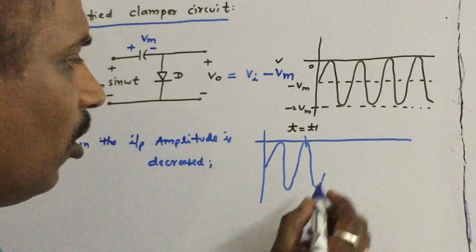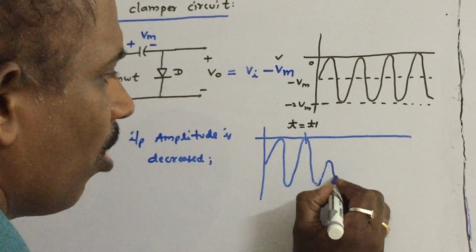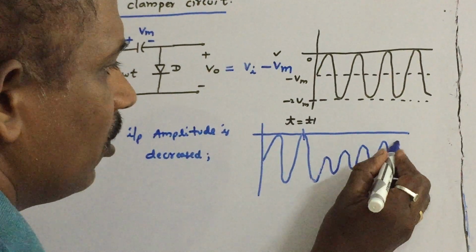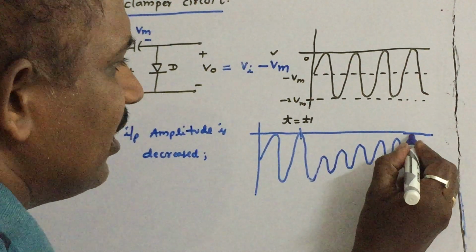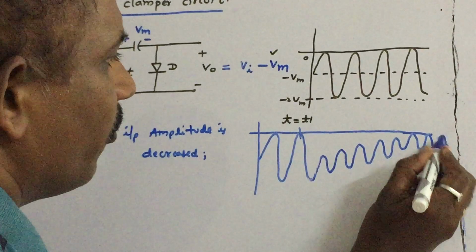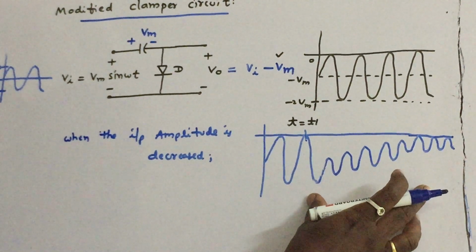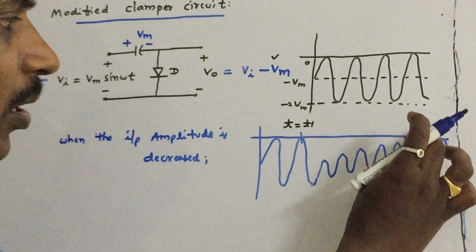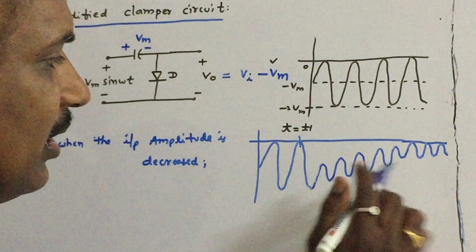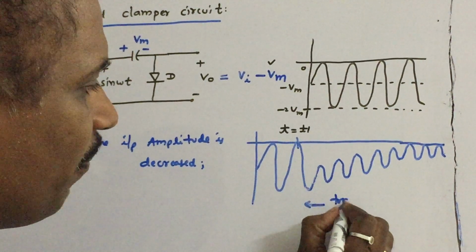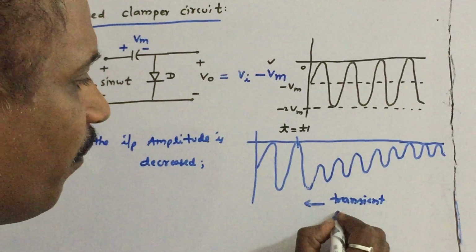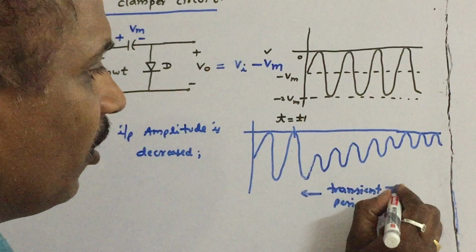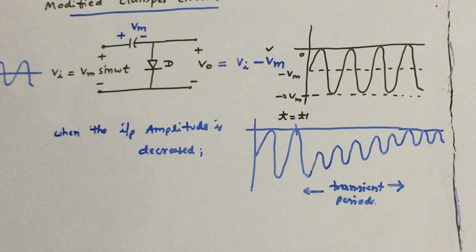The circuit will go through a transient period like this, and finally settle down to this reduced amplitude. This duration is called the transient period because the capacitor takes some time to reach the reduced input value. This is what will happen in the circuit when you suddenly decrease the input amplitude.